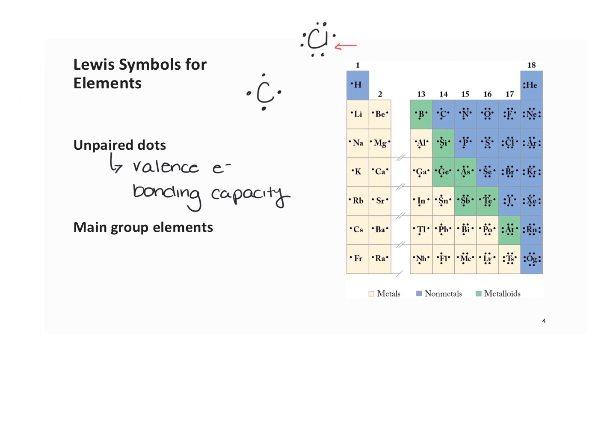Now, this is a complete review, so I just want to remind you that we can figure out the valence electrons, or the dots that we're going to use in the Lewis dot structures, by looking at the group number of the main group elements. Group 1 has 1, group 2 has 2.